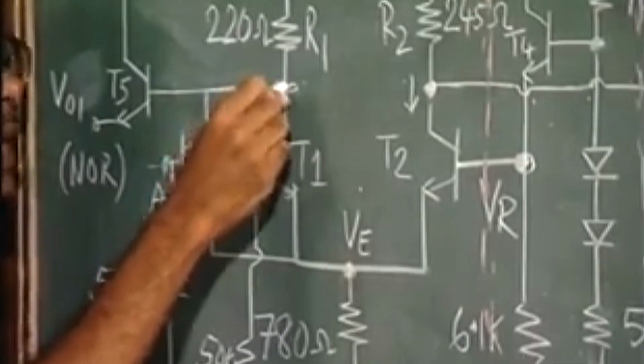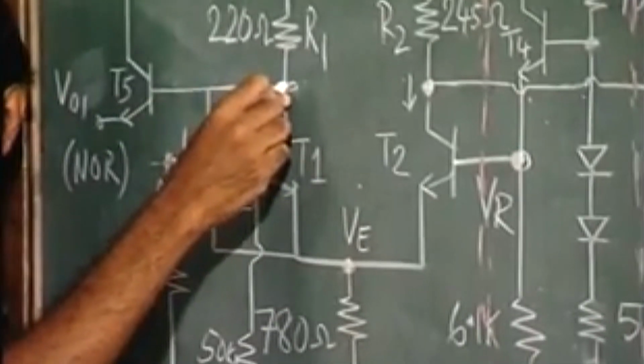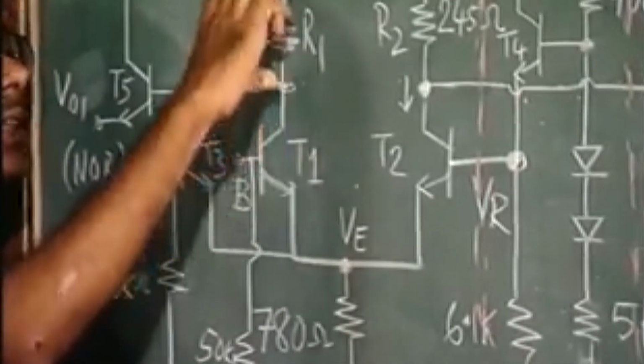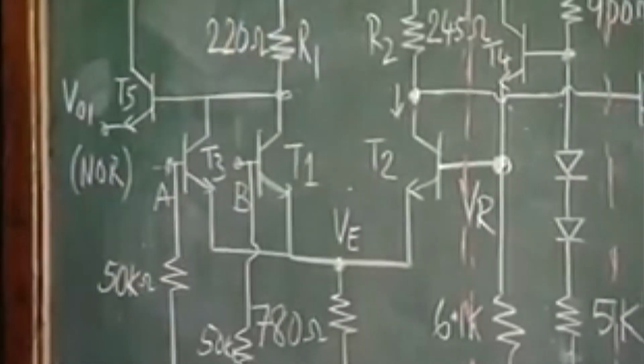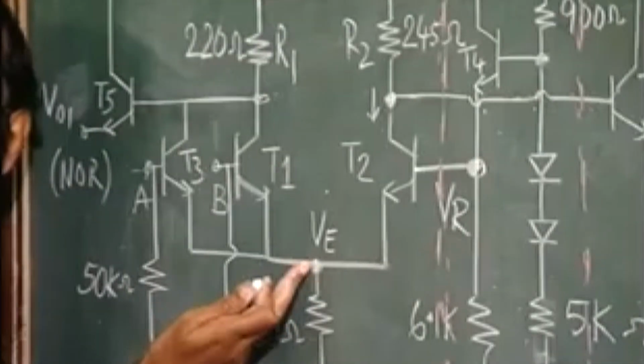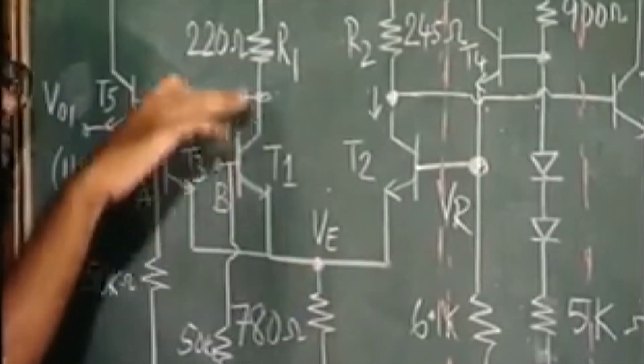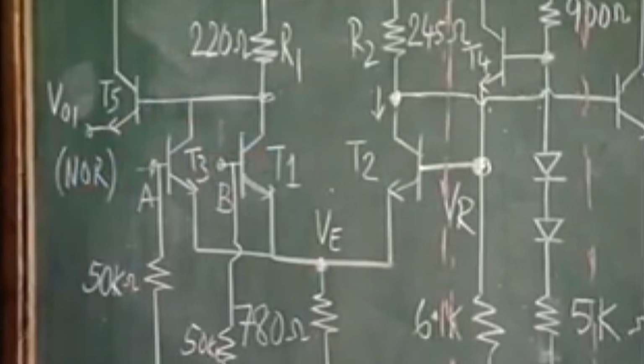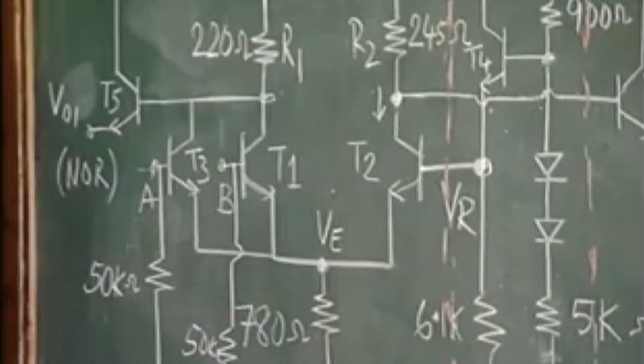So, what happens to the collector voltage? Collector voltage decreases because the drop across this collector resistance increases. So, as you go on increasing the input voltage, the emitter voltage increases whereas the collector voltage decreases. So, what happens to VCE?